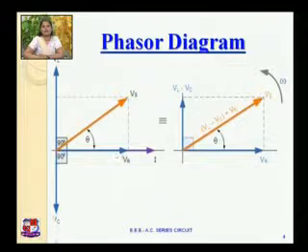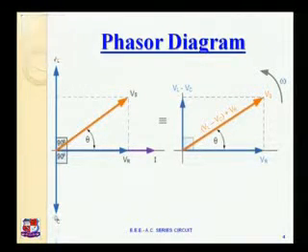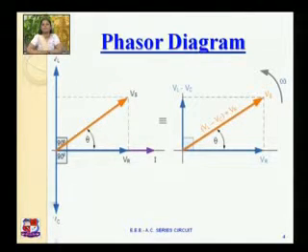This is VR, the voltage across the resistance. The upper vector is VL, the voltage across the inductor, and this is VC, the voltage across the capacitor. Vs indicates the supply voltage, and this is the current phasor. We consider current as the reference quantity. So the phase difference from VR to I is 0. The phase difference between VL and I is 90 degrees, and the phase difference between VC and I is again 90 degrees.